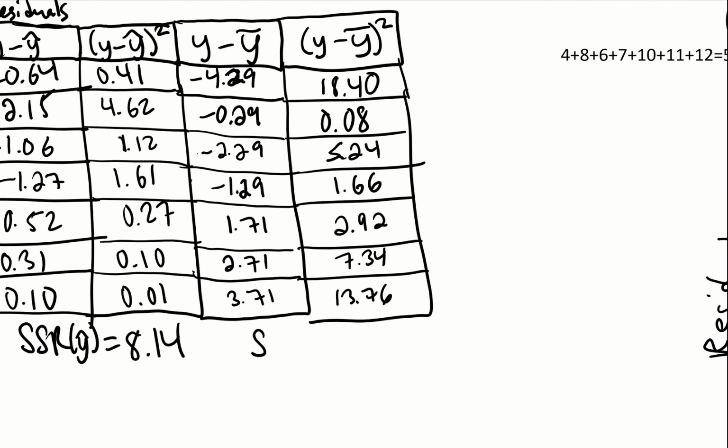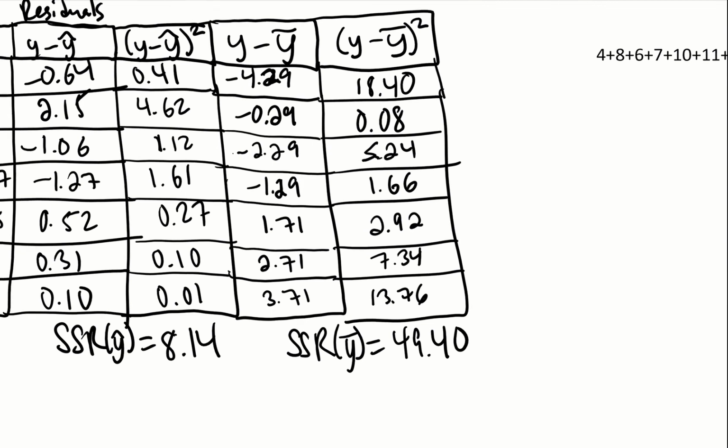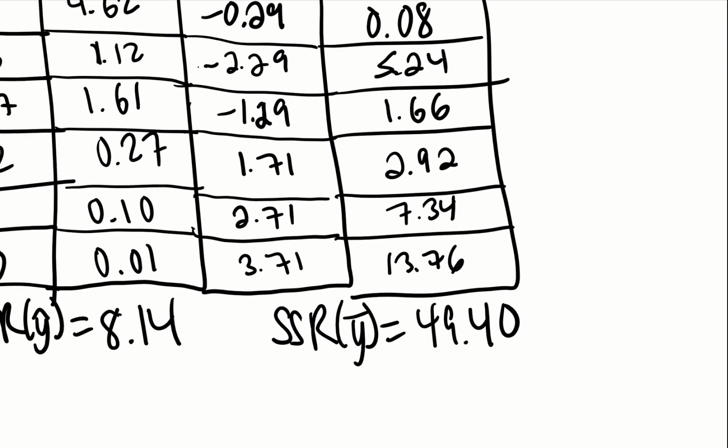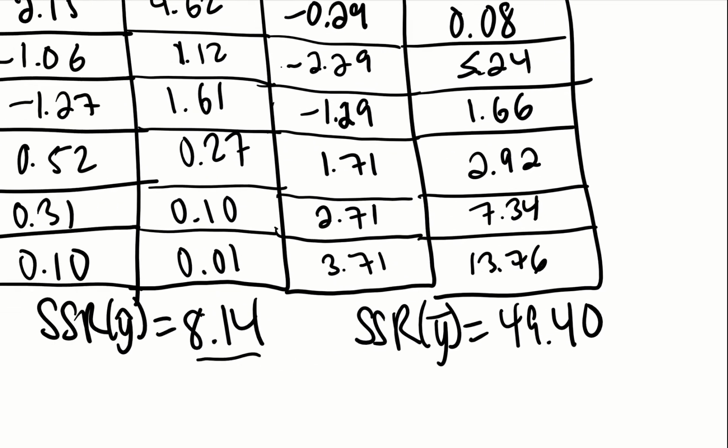So we're going to do the sum of this column, the sum of the squares of the residuals for y bar. We're going to add up these numbers here. If we do that, we get 49.40. Okay, so that's what you get when you add up those numbers. Notice that that's a large error in comparison to 8.14.